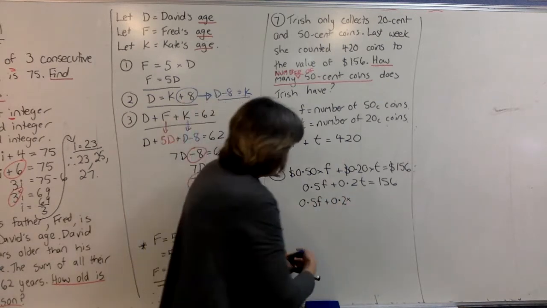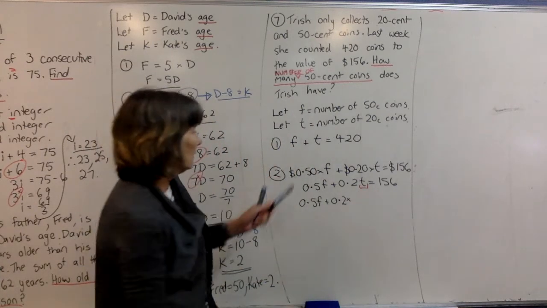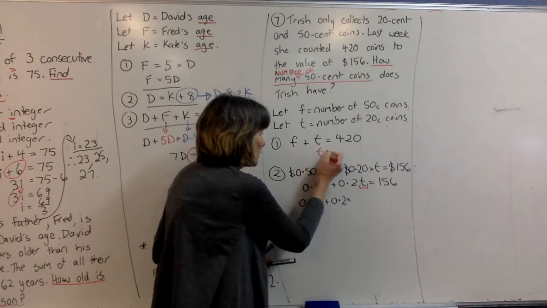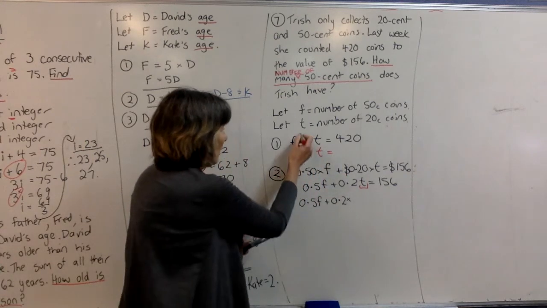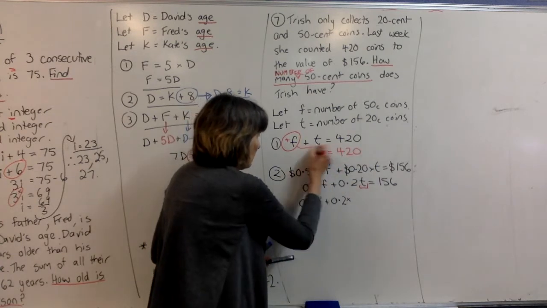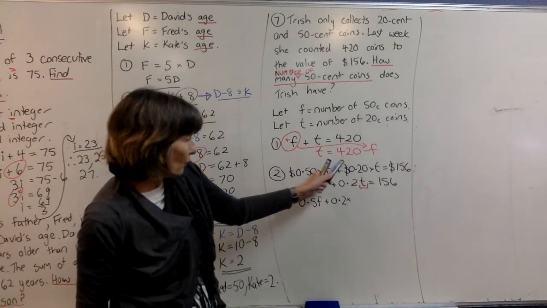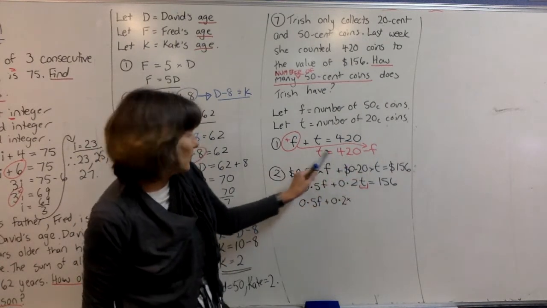Now, in place of t, if you come up here and rearrange it so that t is by itself, I'm going to move this to the other side and it will become that. So I'm now going to put 420 minus f in for t.